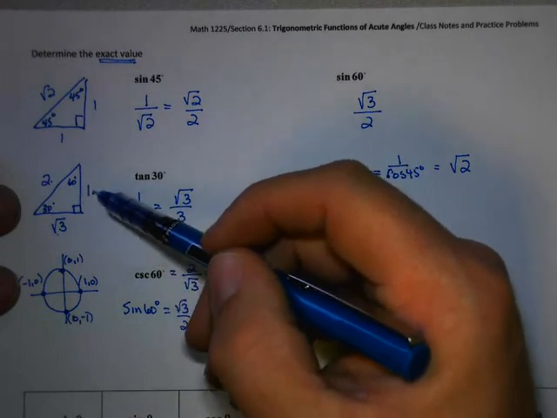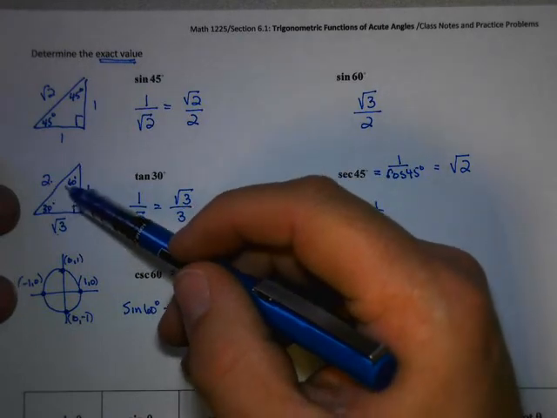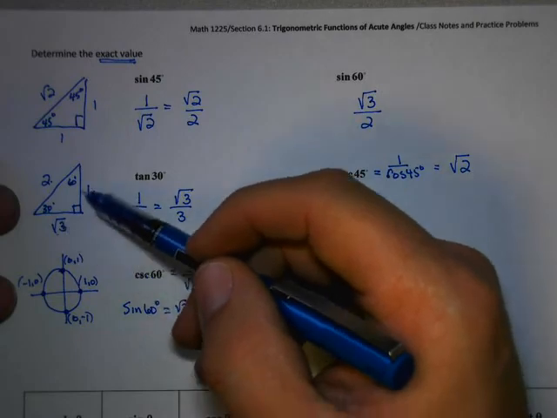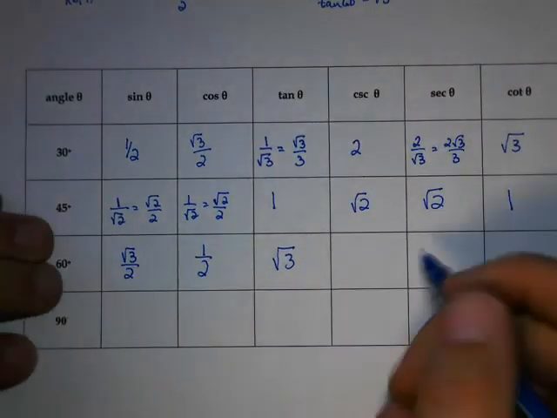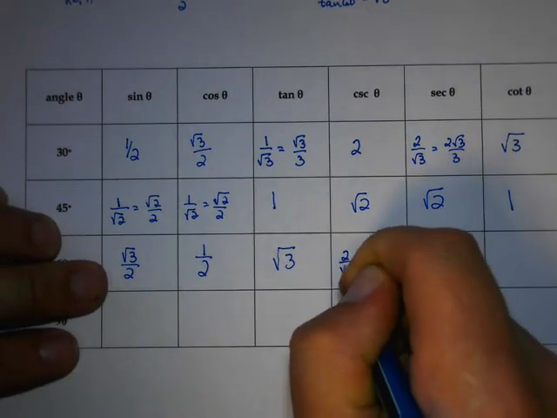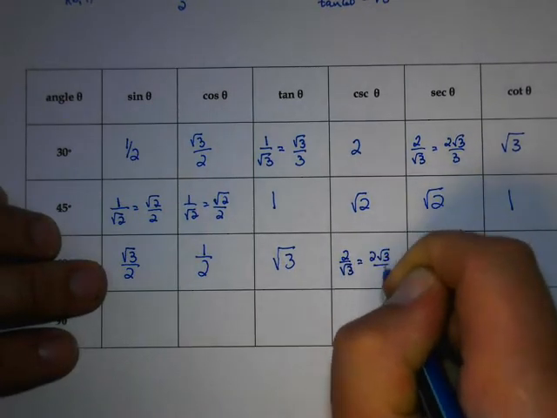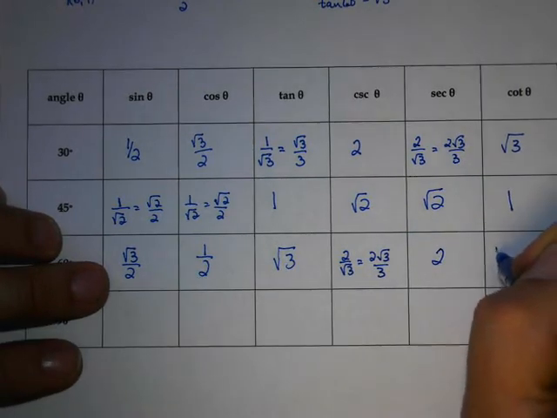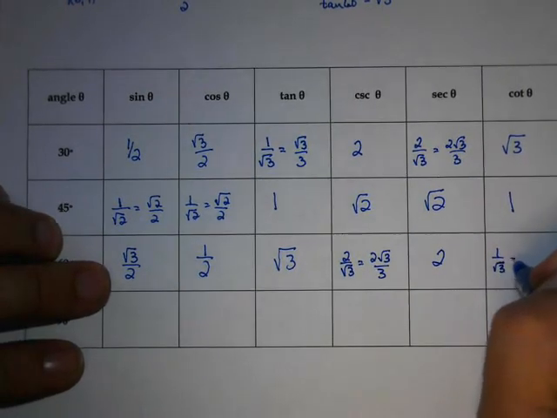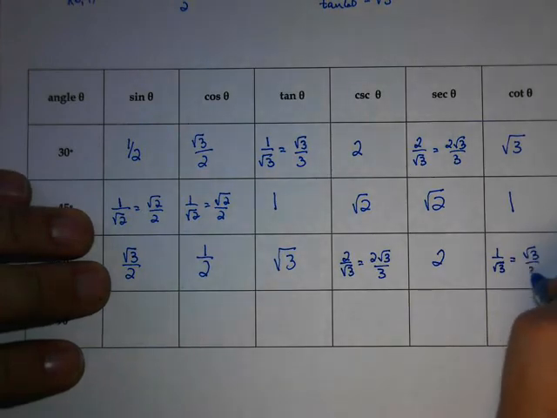Cosine is adjacent, 1/2. Tangent, square root of 3 over 1. And now I need the reciprocals. 2 over the square root of 3, which is 2 square roots of 3 over 3. 2, 1 over the square root of 3, which is square roots of 3 over 3.